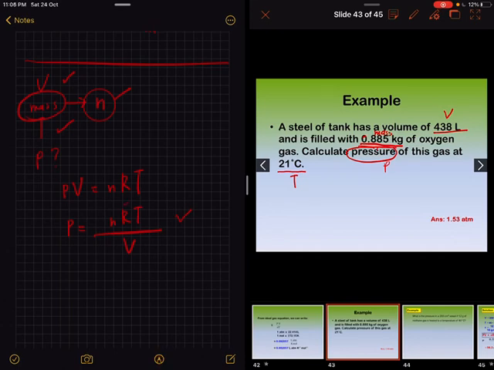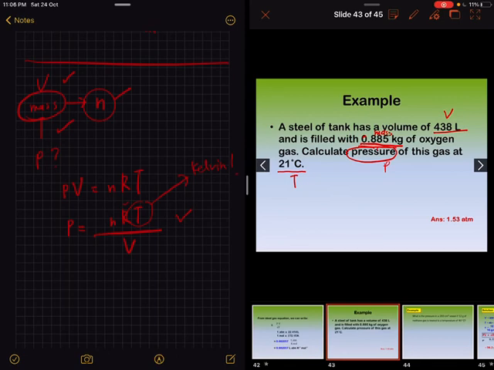Which one to use? You may use 0.0821, with their respective units as well. So write all the units in the middle of the calculation. Temperature is given as 21 degrees Celsius, so please make sure you convert the temperature into Kelvin first. Any temperature in gas laws must be converted into Kelvin.